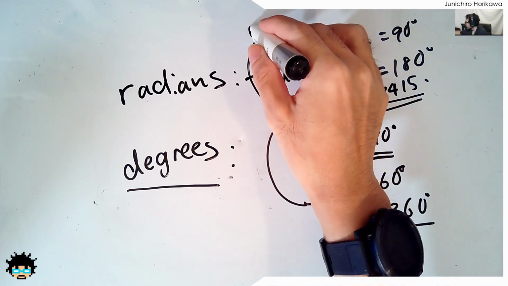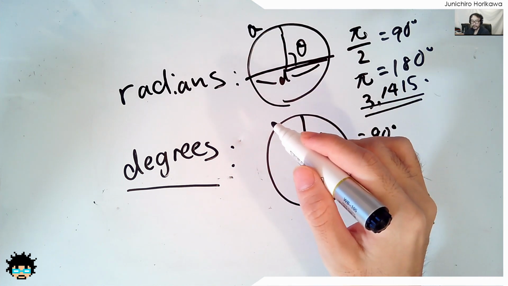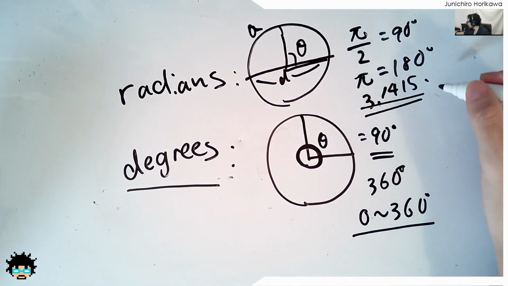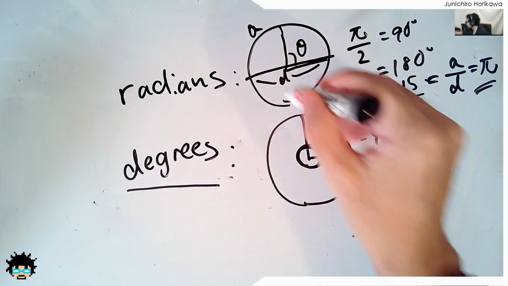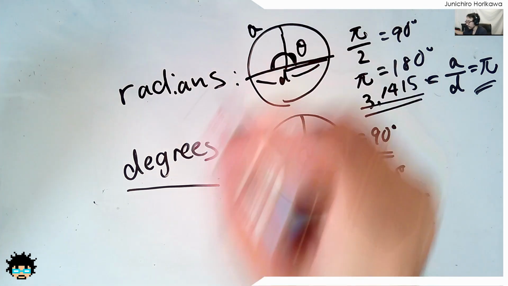So let's say the length of the circle is A and the diameter is D, then A divided by D is always equal to 3.1415 and so on, which is equal to pi. And this pi represents the angle of 180 degrees, which is this half arc.